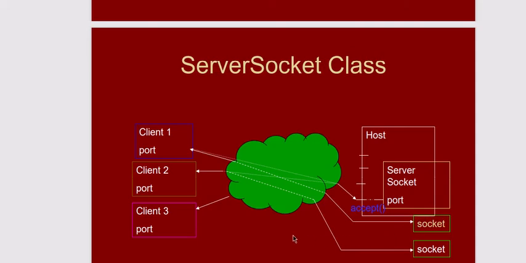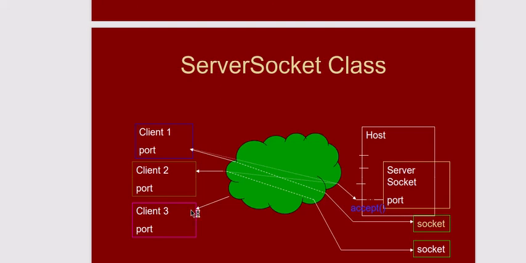But if moments later client 2 also requests a connection on the same port, and the server accepts client 2's request, the server socket will create a second unique socket on which the server can talk to client 2. It's a bit difficult to track, but the communication path is this. And ditto client number 3, 4.